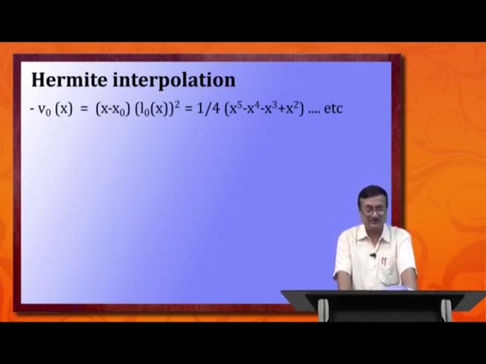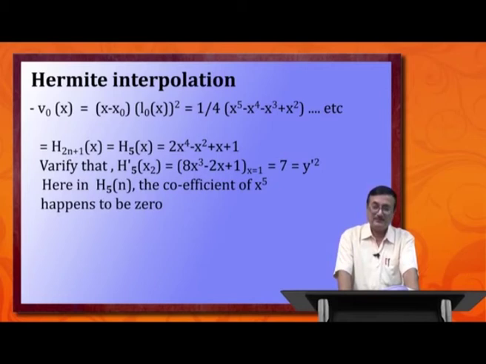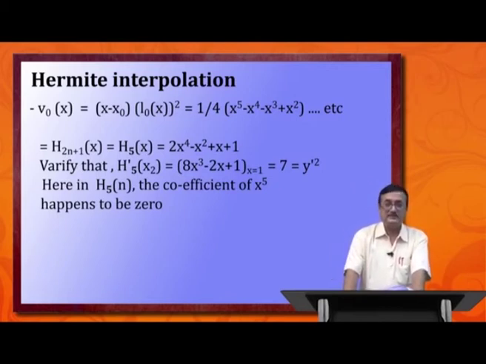So here h5(x), that is h_{2n+1}(x), comes out to be 2x^4 - x^2 + x + 1. You may notice that h5(x) is of degree 4. That happens just by accident.